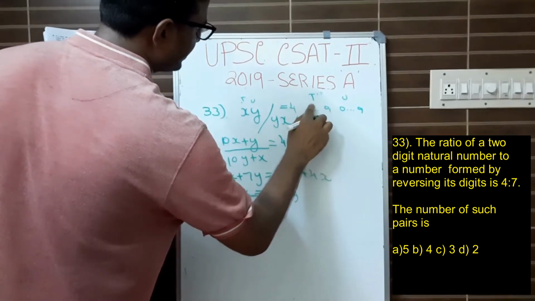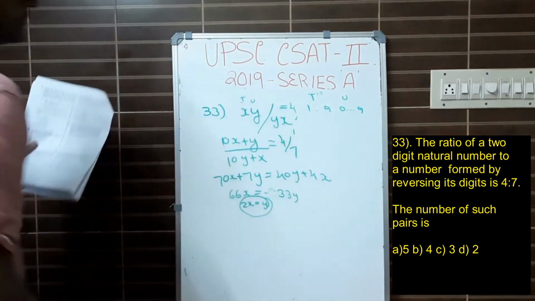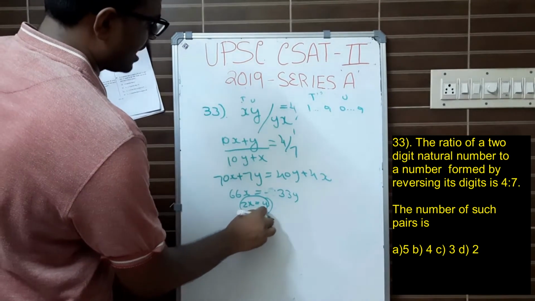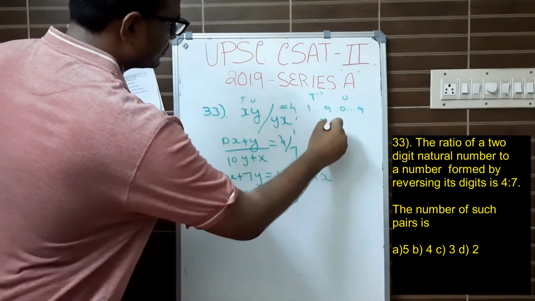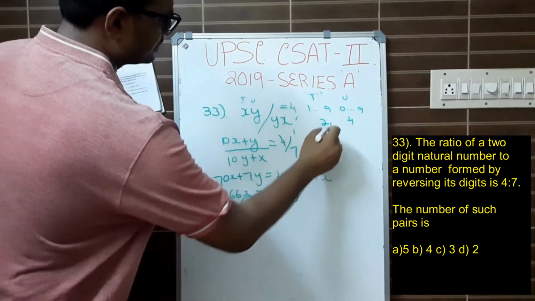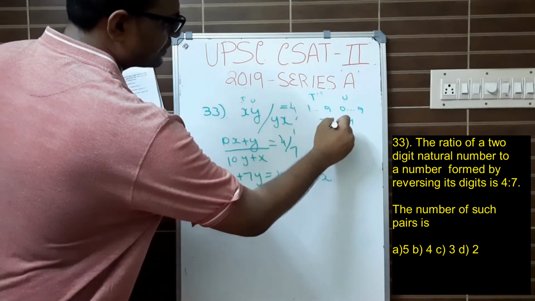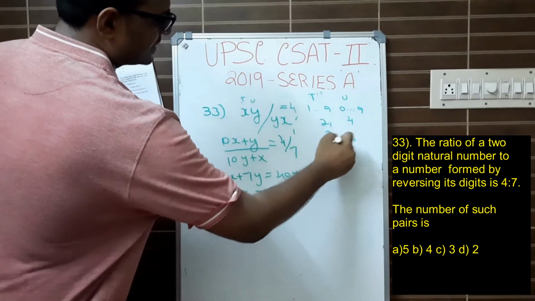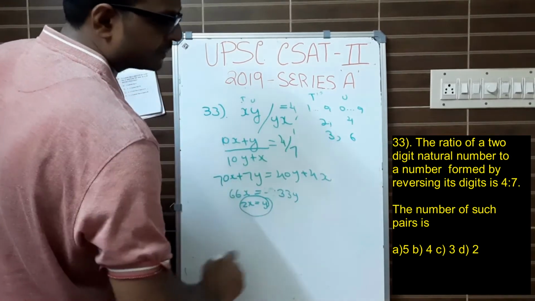Sorry, this should be 1 to 9, otherwise it will be a single digit number. So y should be twice x. So if this number is 2, this should be 4. y is 2x, 4 is 2 into 2. Or it can be like 3 and 6, 6 is 2 into 3.